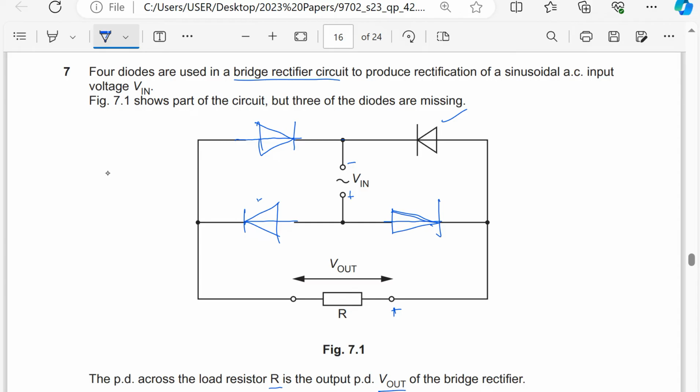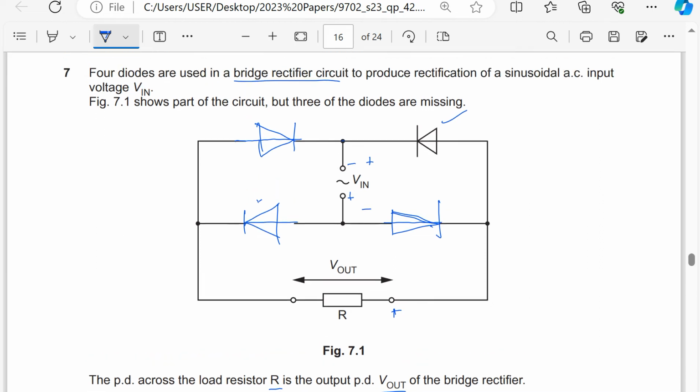If we consider the second half cycle where this is positive and this is negative, so current is going to... I don't think this is correct. I have to check this.